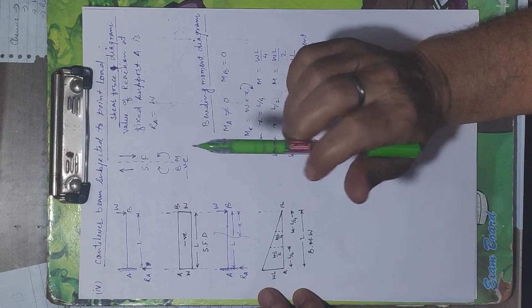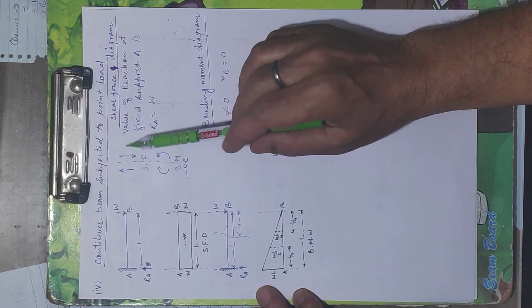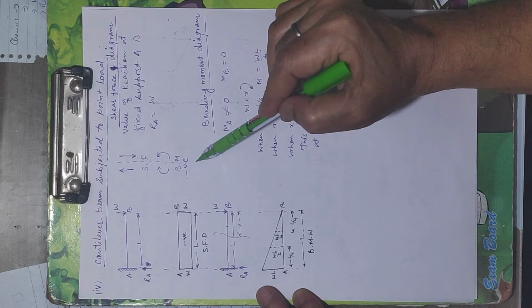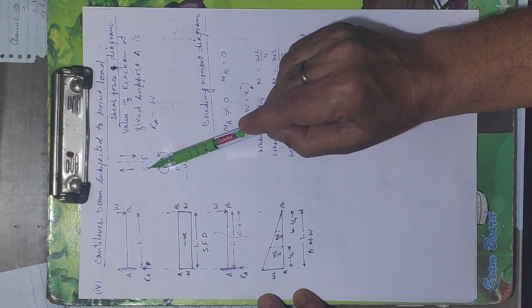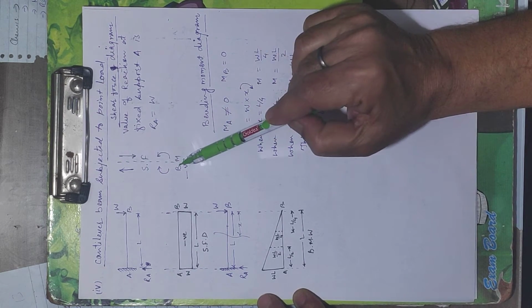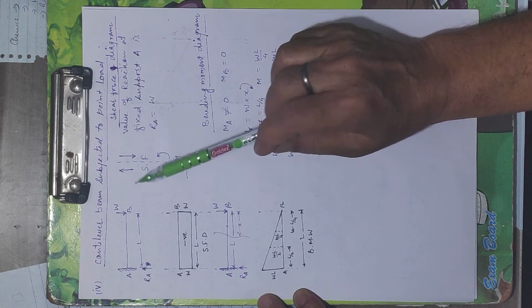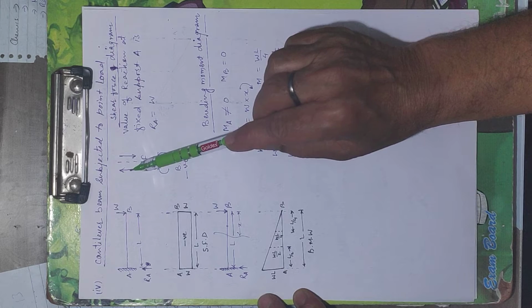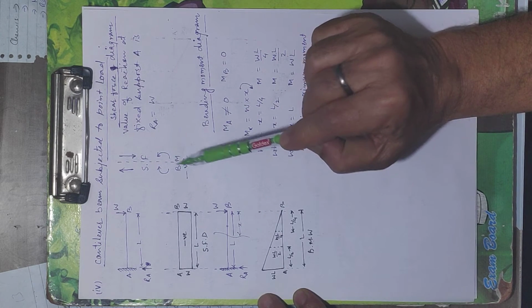As we have already studied, first of all we draw the sign convention. This is the sign convention. Shear force: this is the section, the dotted line is the section. Shear force upward on the left side and downward on the right side would be taken as negative.